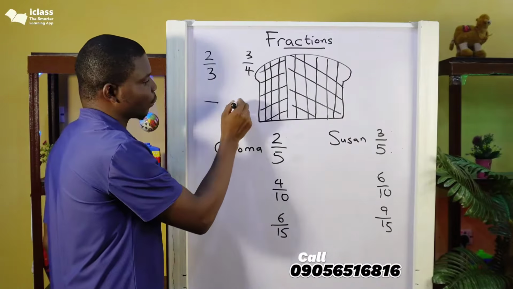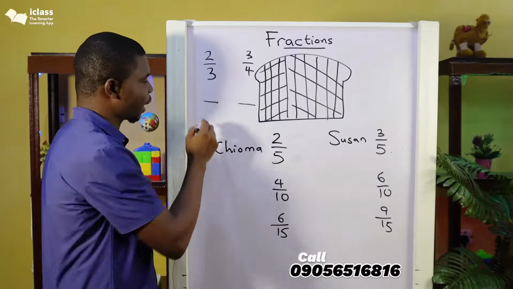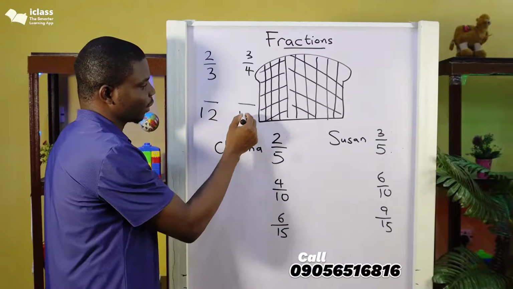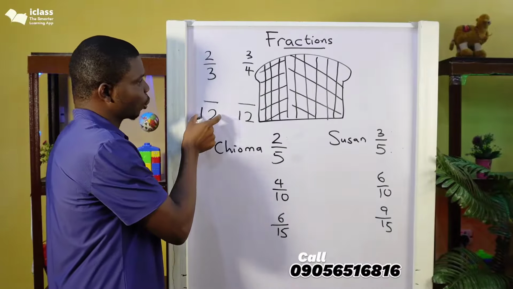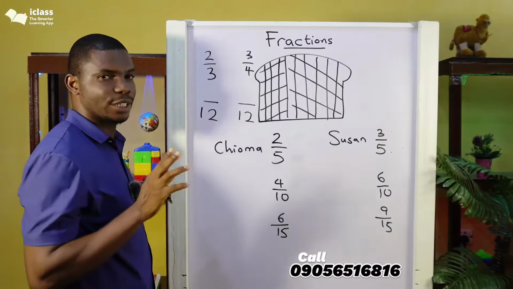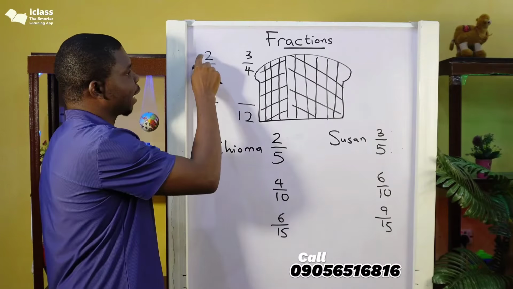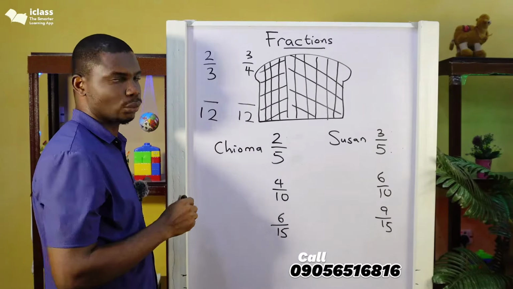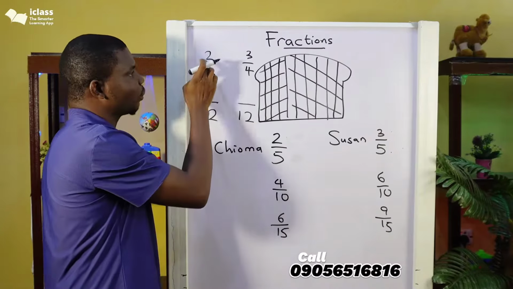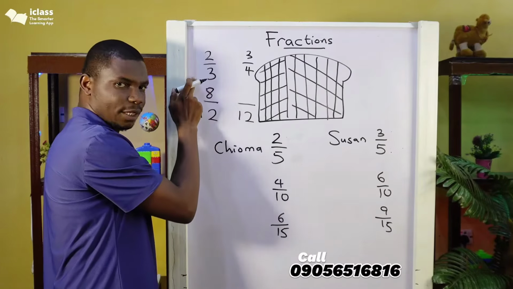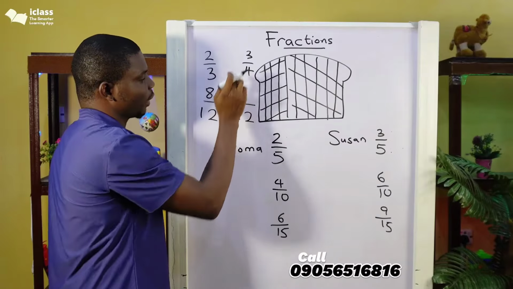What's the LCM of 3 and 4? 12, right? So we write 12 here. Then we say 12 divided by 3, that is 4. 4 times 2, that will be 8. So 8/12 is equivalent to 2/3.